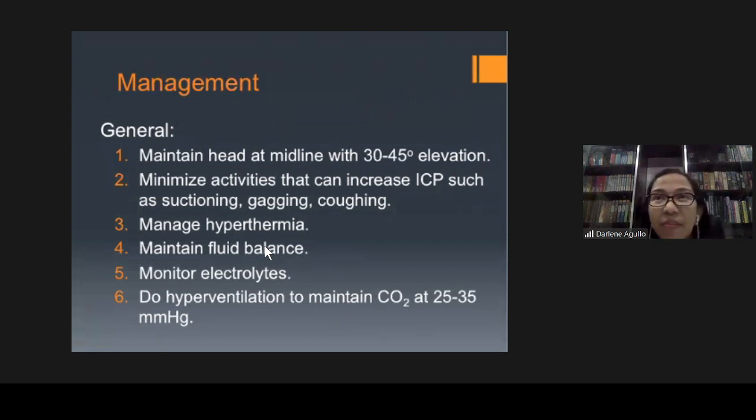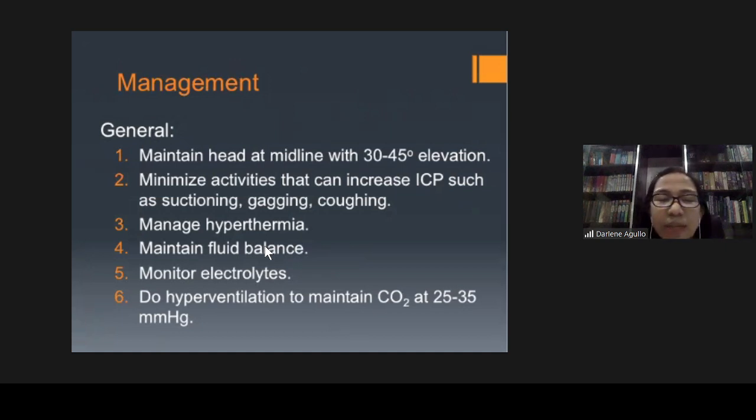Because if, for example, the patient is hyponatremic, there is also intracellular swelling. Do hyperventilation to maintain carbon dioxide, PCO2, at 25 to 35 millimeters mercury.